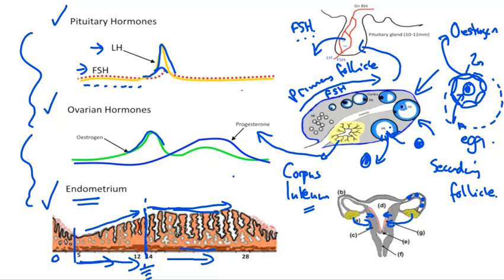Now, as I mentioned, we're considering a menstrual cycle in which no fertilization has occurred. And as a consequence, the corpus luteum will actually begin to degenerate, along with a fall in the progesterone. What then begins to happen at the 28th day of the cycle is that the lining of the uterus will begin to break down.